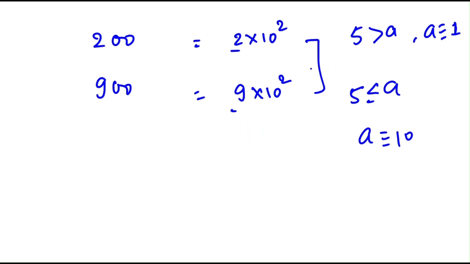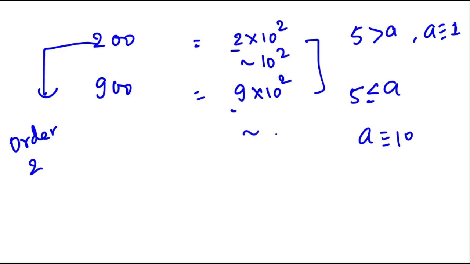So with this argument, we can say this is of order 2, because we can write this thing 10 to the power 2, and this we can estimate to be 10 to the power 3. So the order of this value is, this is a kind of crude representation of order.